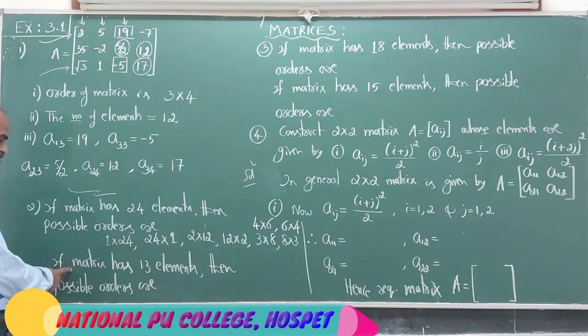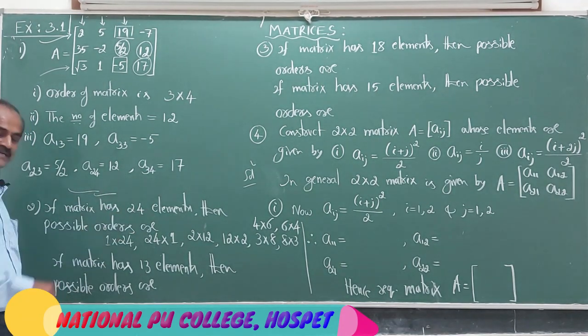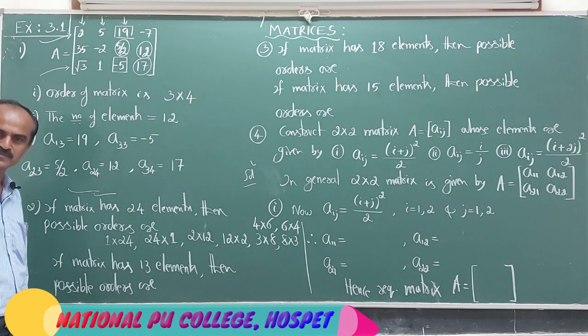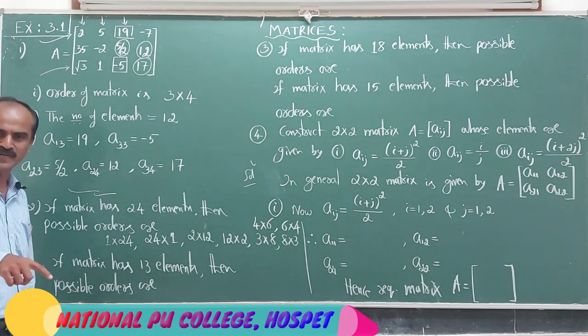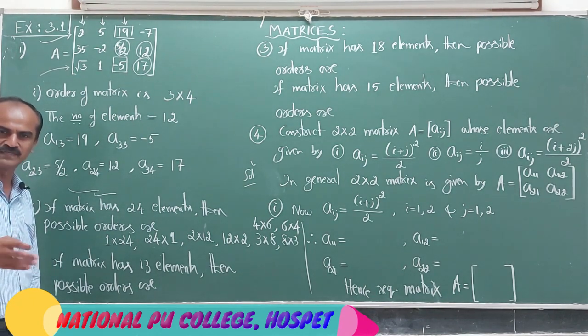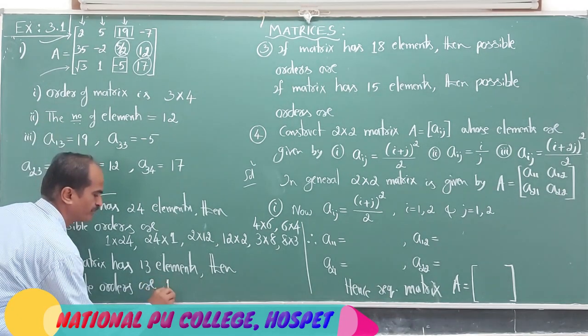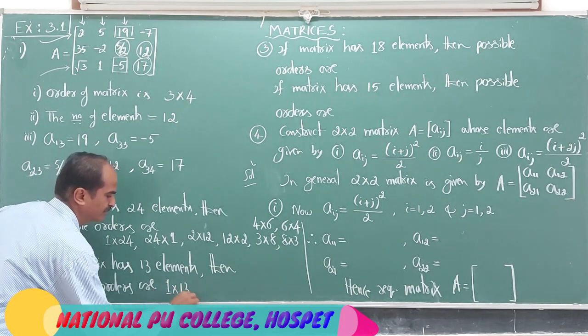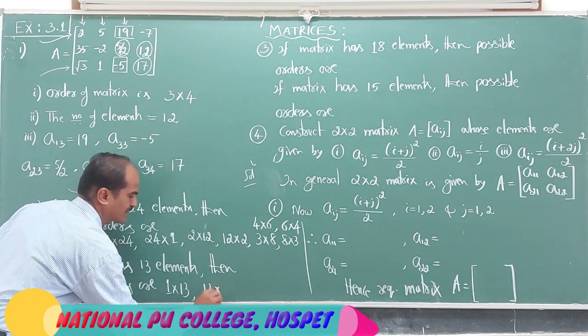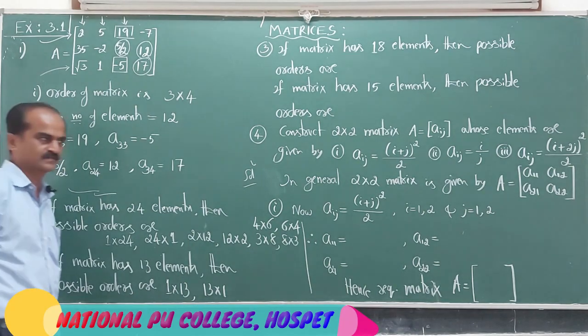Again, in the same question they mentioned, suppose the matrix has 13 elements, then what are the possible orders? As 13 is a prime number, no factors are available except 1 and itself, therefore only two possible matrices exist. Namely, one is 1 by 13, another one is 13 by 1. That's it.